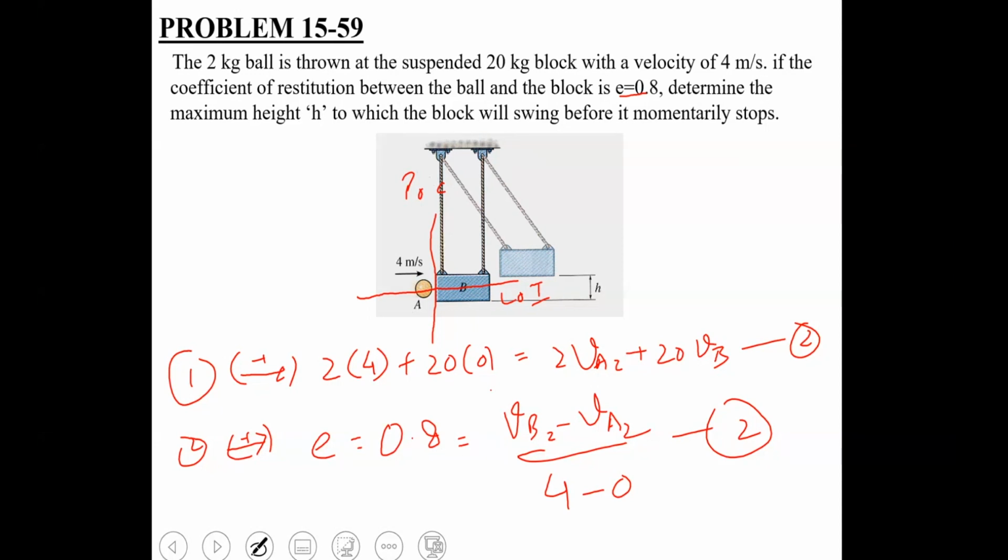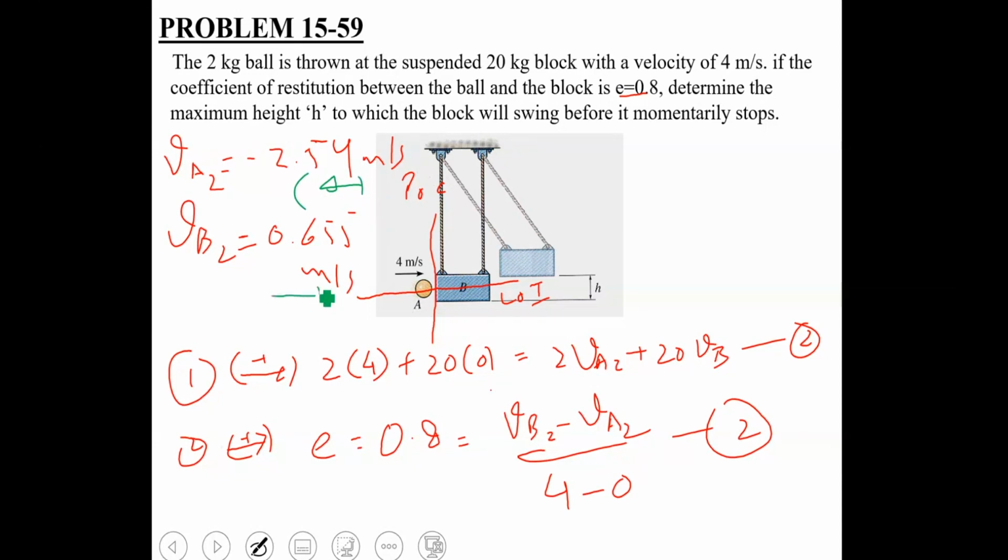Once we solve these two equations simultaneously, they will give us the value of VA2 to be equal to minus 2.54 meters per second, whereas the value of VB2 comes out to be 0.655 meters per second. The negative sign of VA2 represents that after colliding, block A is going to move towards the left, while the positive sign of VB2 represents that after collision this block B is going to move towards the right with a velocity of 0.655 meters per second. So these are the two steps which you will be requiring.